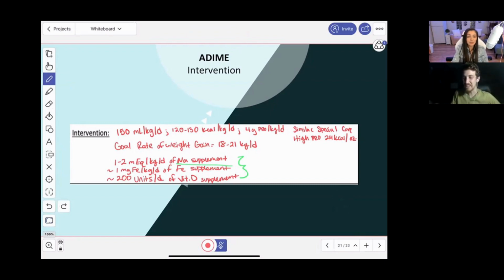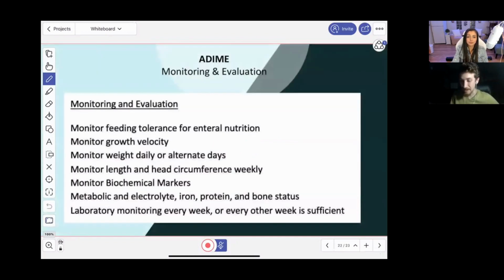Okay. So now that we have our intervention done, let's go on to M&E, which is monitoring and evaluation. Remember that in module 3 we went over the basic monitoring and evaluation for parenteral nutrition.